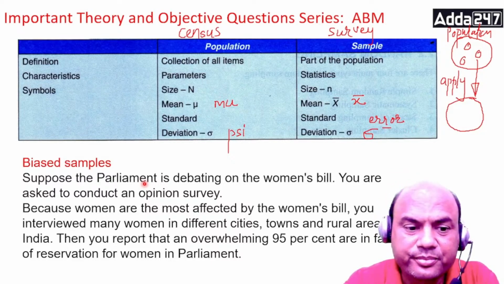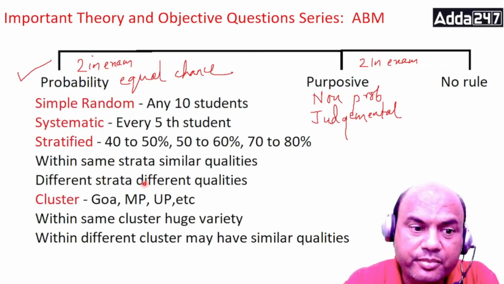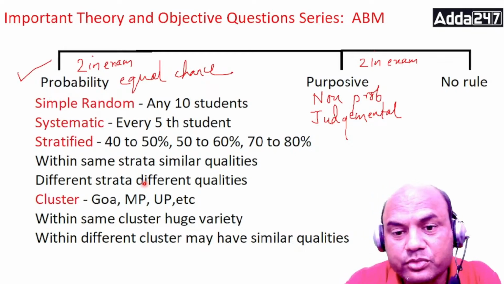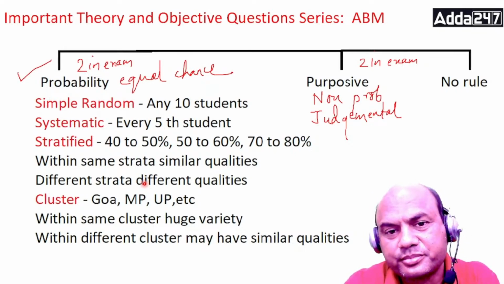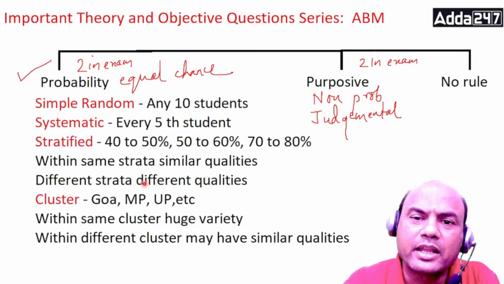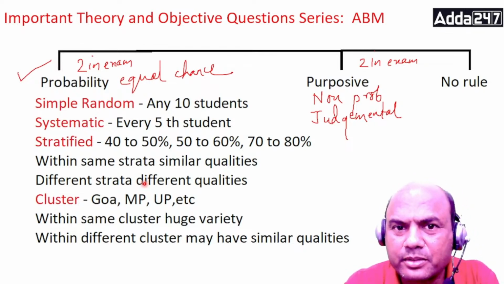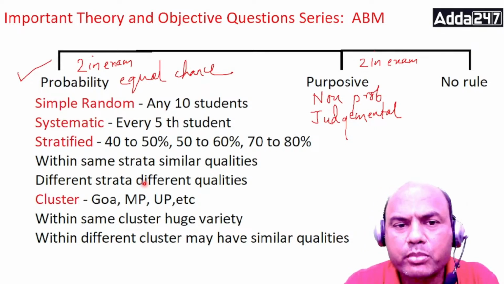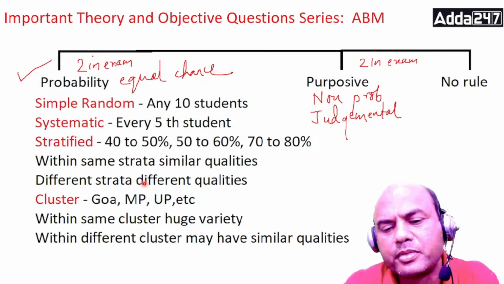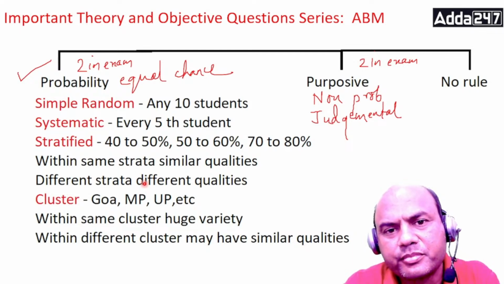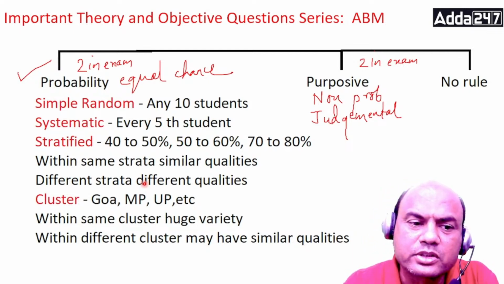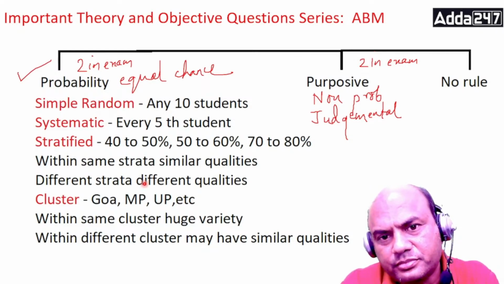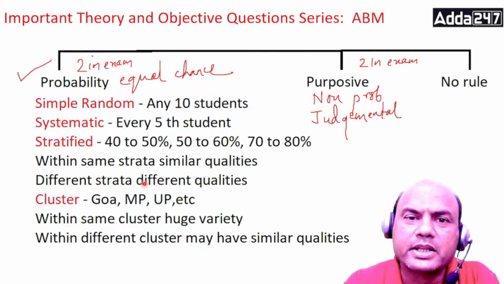Got it, everyone? What are the various ways of sampling? So, sampling techniques. Sampling can basically be of two types, probability and non-probability. These are the two main types. In the exam, you will have questions on probability and also non-probability, judgmental.